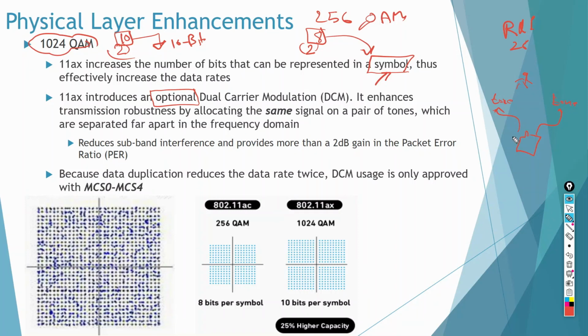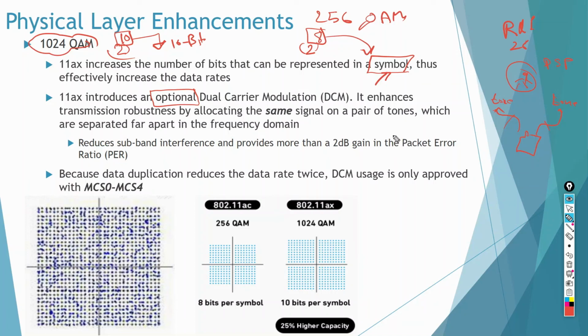So instead of using one tone, I can use two tones. That would help the receiver extract the original signal, given that one of them got corrupted during the transmission, using digital signal processing techniques.